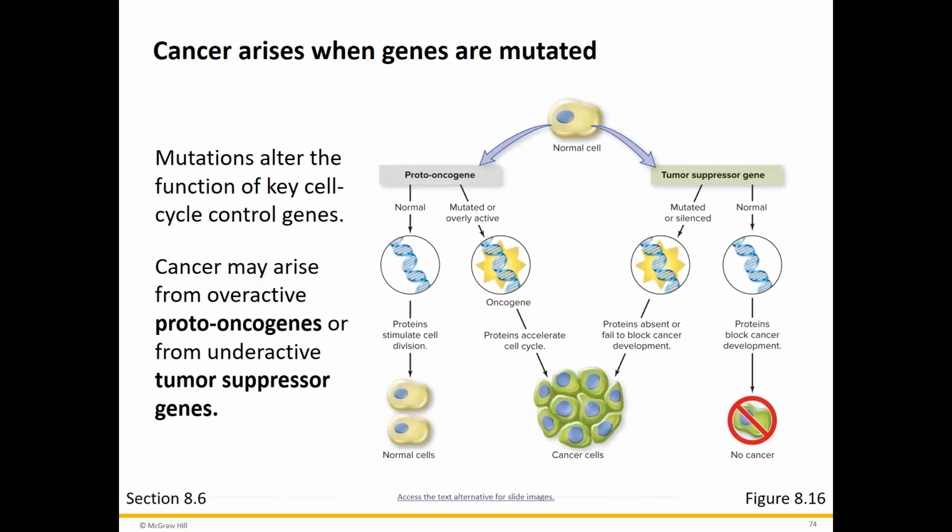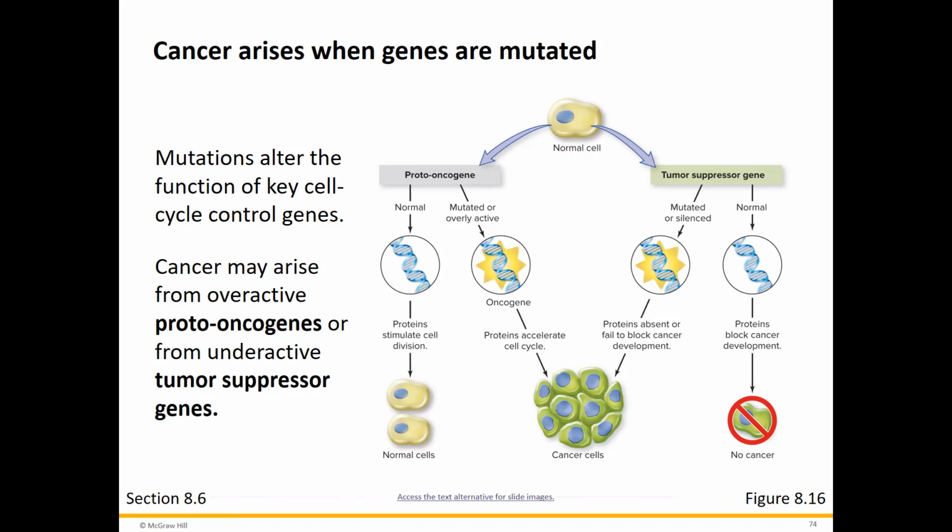Once we realize all the differences between cancer cells and normal cells, we know that mutations can occur in the genes. A mutation is simply the change of at least one nucleotide in a sequence of nucleotides; it could be one, it could be multiple.